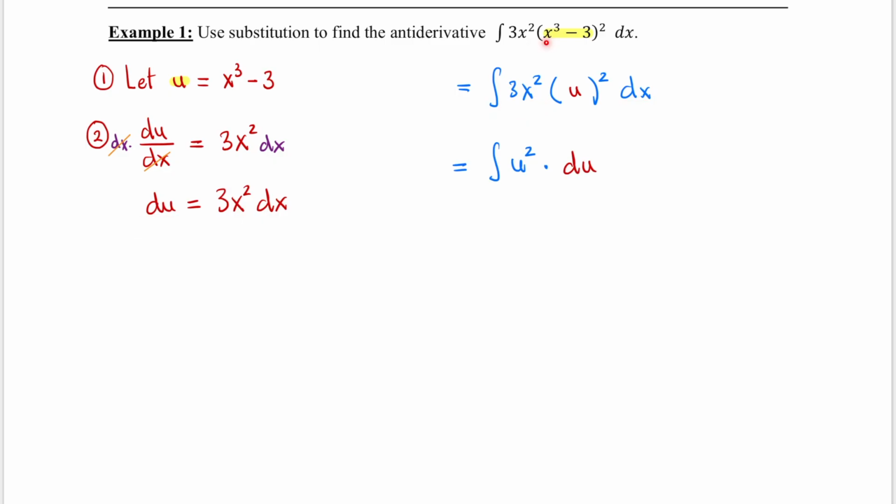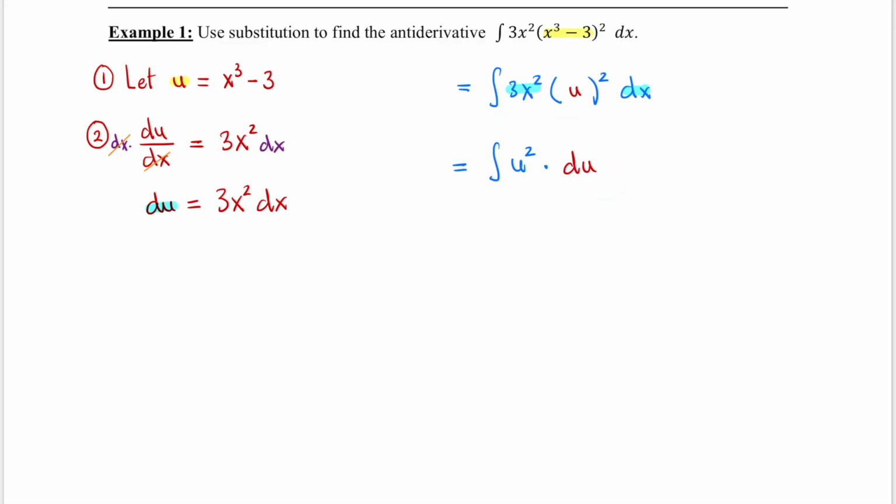So x to the third minus 3 is replaced by u. And 3x squared dx is replaced by du. So the integral becomes this, the integral of u squared du.